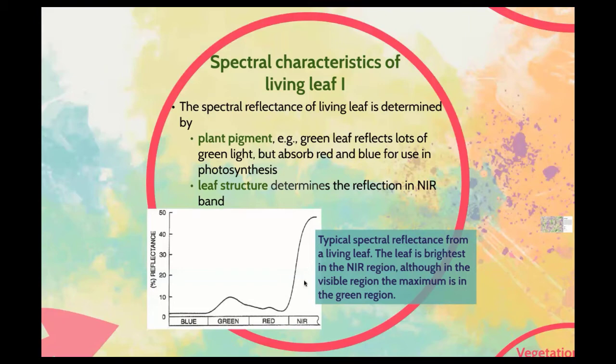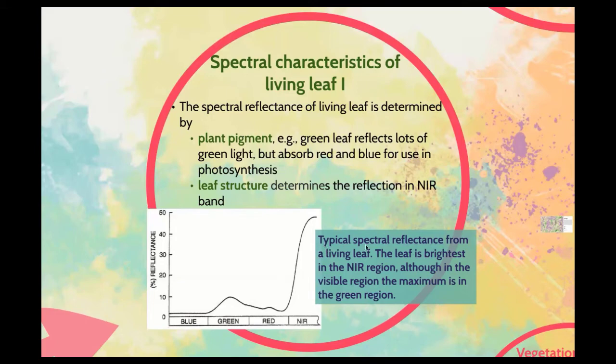Which is to say, both pigments and leaf structure affect the spectral signature plot for trees, leaves, or grass areas. So any minor change in the structure, for example the moisture content we talked about, or the seasonal change, which can alter the pigment, the color of the leaves, or the internal structure of leaves, can all change the signature plot.